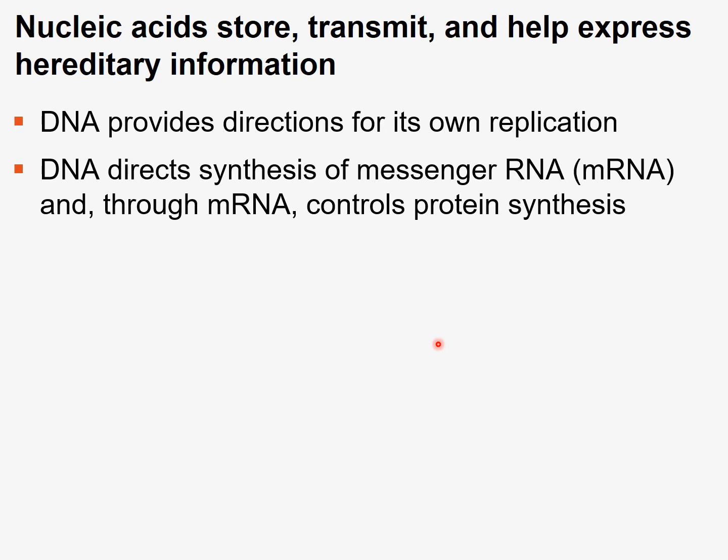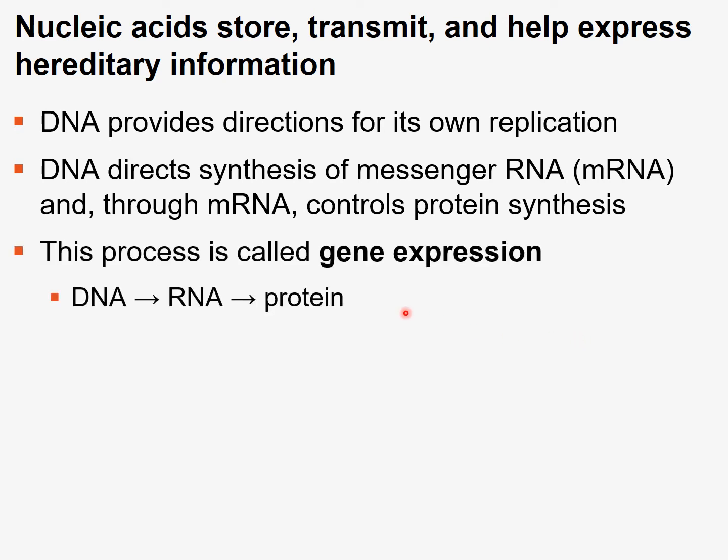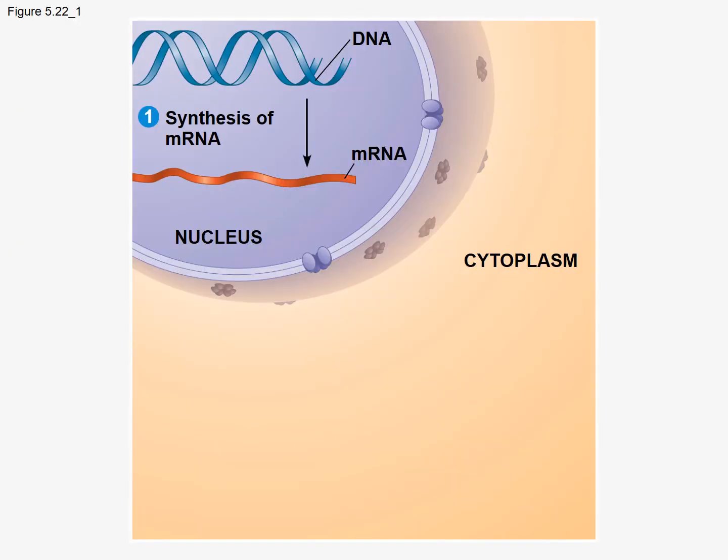So remember that process that we kind of discussed from chapter 1. We have DNA, which is used to make the RNA or messenger RNA, and then the messenger RNA stores the code that controls protein synthesis. So this creates proteins, which are basically the product of genes. So this process, again, is called gene expression. So we have DNA to RNA to protein, which is the central dogma. Now let's look at this process.